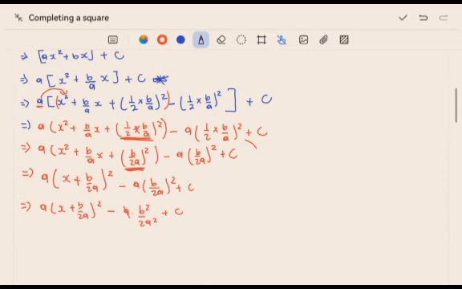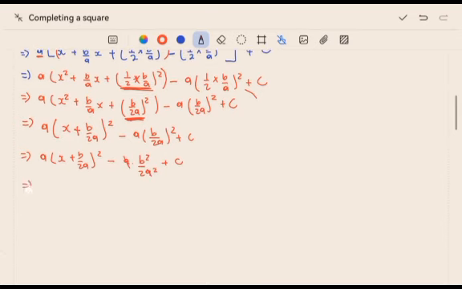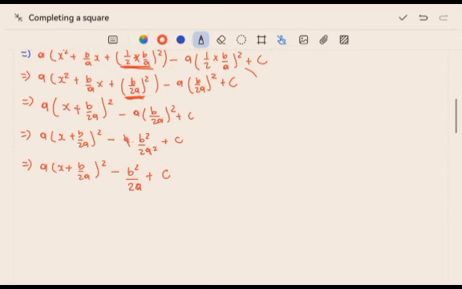This a will cancel one of the a's in your a squared, and your final solution will be a x plus b over 2a squared minus b squared over 4a plus c. Sorry, I don't know why it doesn't want to write. So this is how your final solution should look in terms of variables.